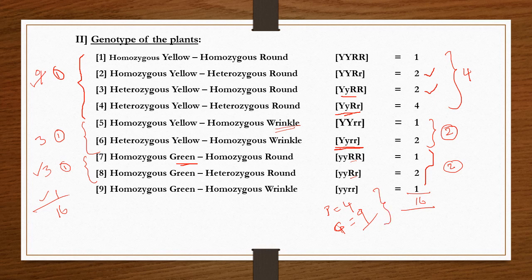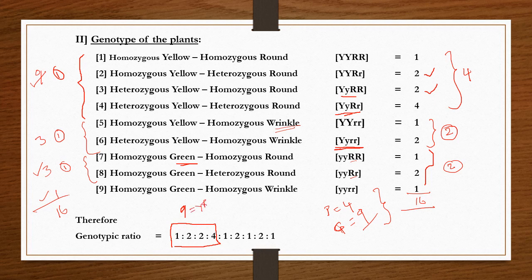Therefore, based on this data, the genotypic ratio is 1 is to 2 is to 2 is to 4. All total it is 9, and this 9 represents the yellow round.